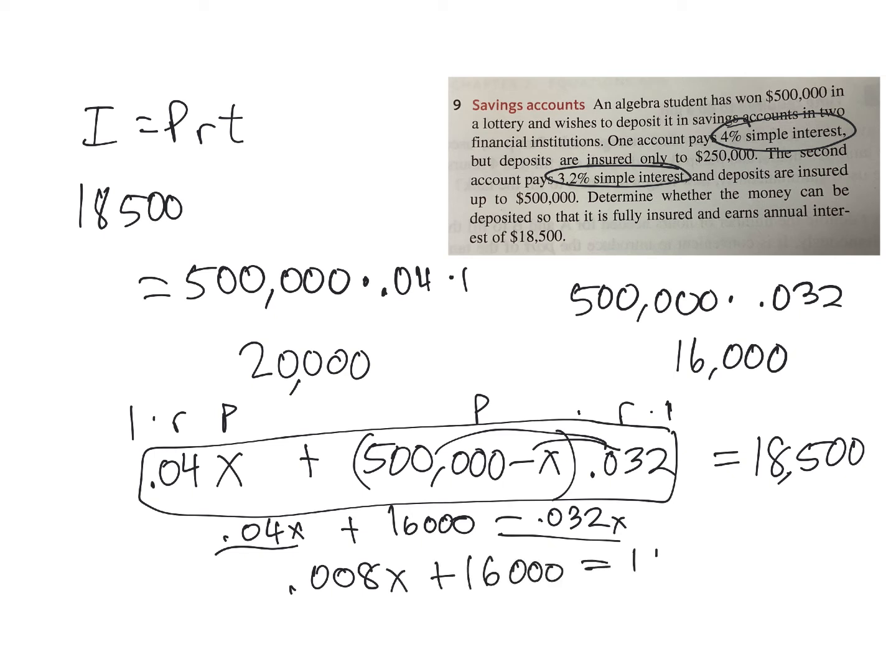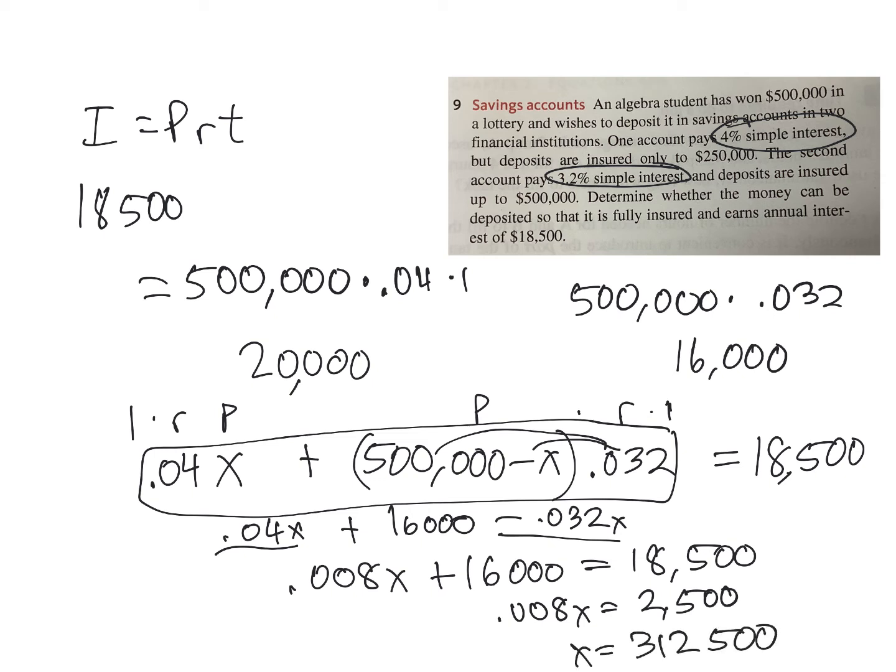Is that going to equal the 18,500? All right, so if we subtract 16,000 from 18,500, that's going to be $2,500, right? So divide that by 0.008. So 2,500 divided by 0.008. So 312,500. So X has to be 312,500.